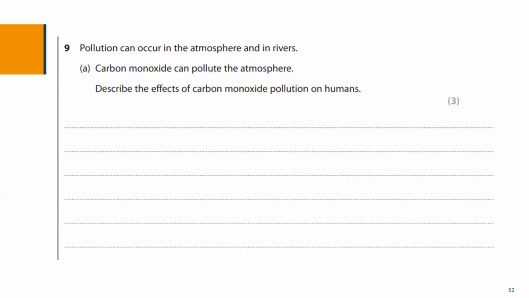So am I applying my knowledge to a situation I haven't seen before, or am I just describing knowledge that I have about the effects of carbon monoxide pollution? Again, I can see the debate, but that one was classified as AO1, because you basically had to know what carbon monoxide did. So it was recalling the effects of carbon monoxide.